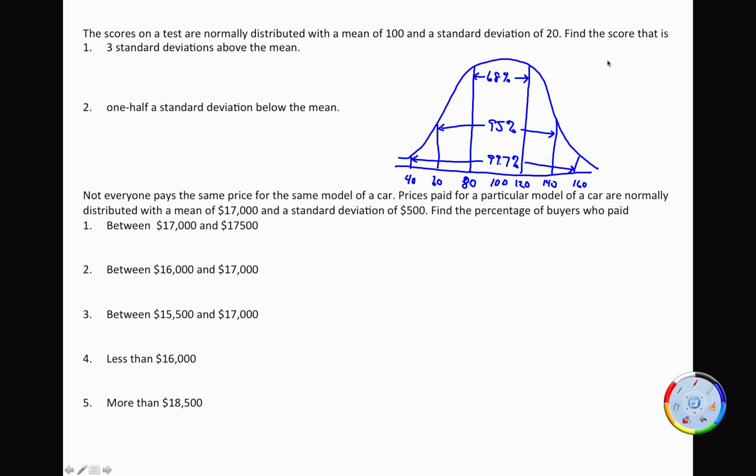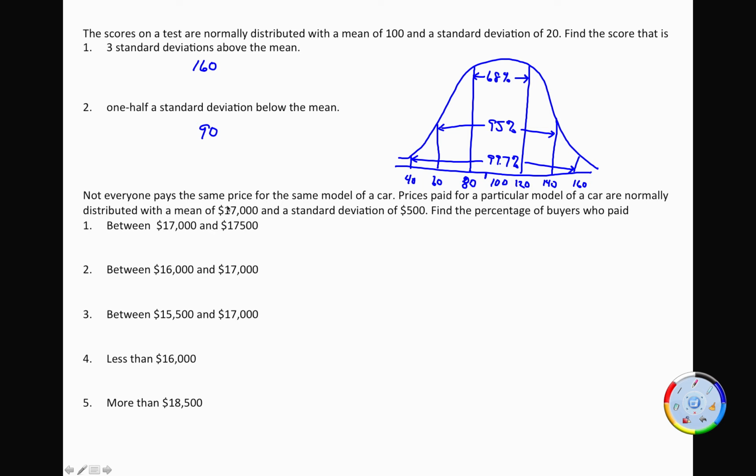So, if I'm going to find the score that is 3 standard deviations above the mean, 1, 2, 3, 160. Half a standard deviation below the mean, well, that would be halfway between 80 and 100, 90. It's as simple as that.